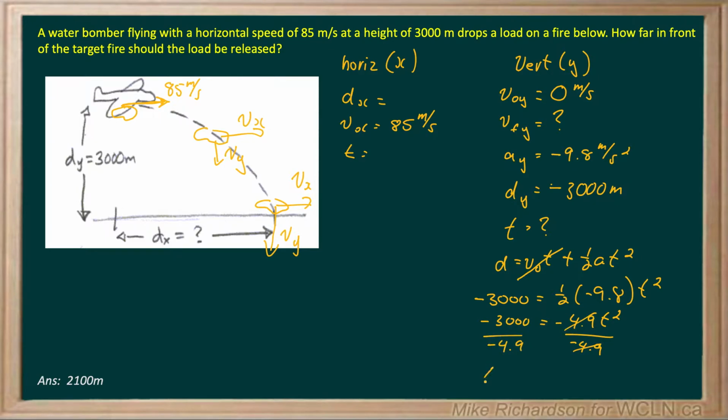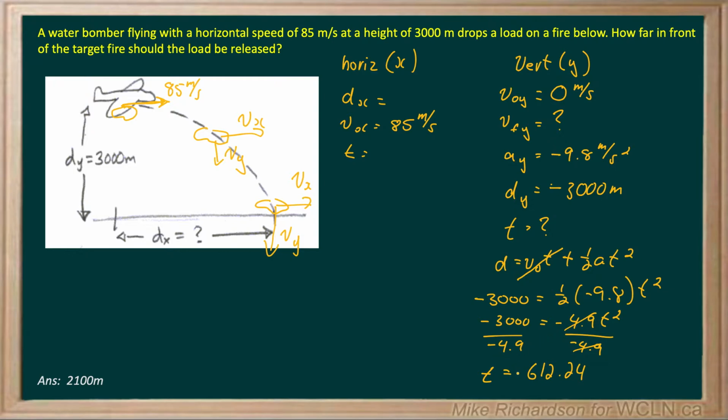Now this means that my t squared will be equal to 3,000 divided by 4.9, which is 612.24. I'm going to leave a few decimals. But that's equal to t squared.